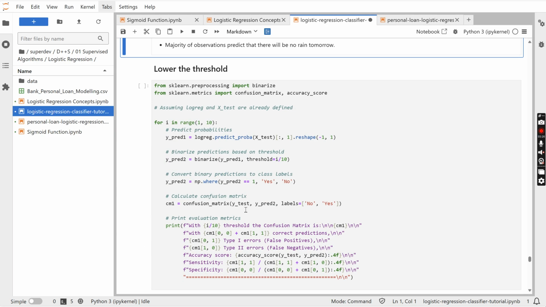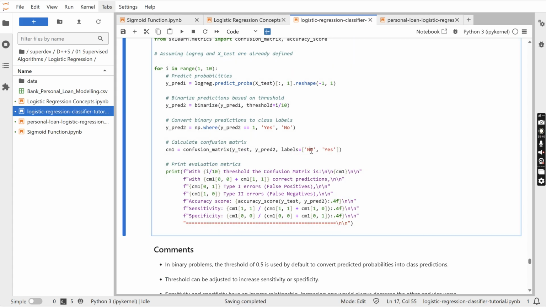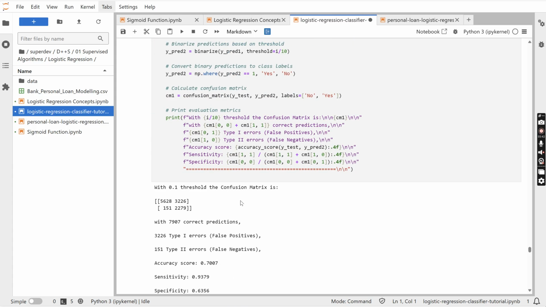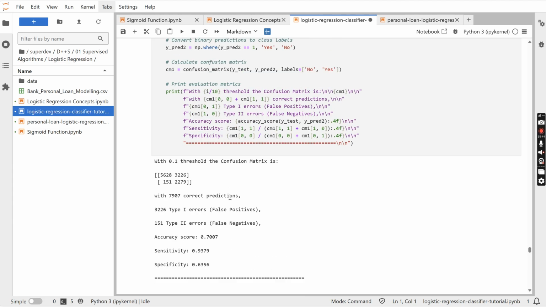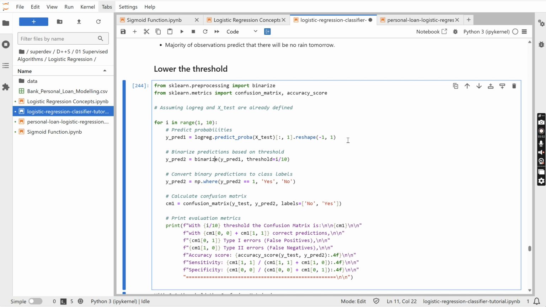Where is the threshold given while doing the prediction? I'm just trying to understand that. 0.1. Okay, here.